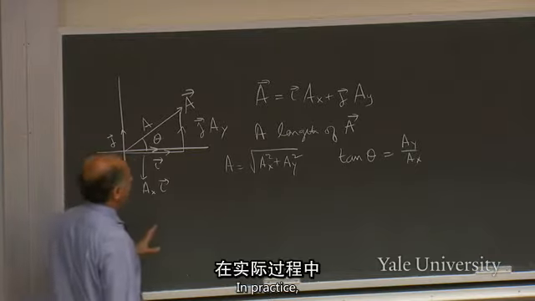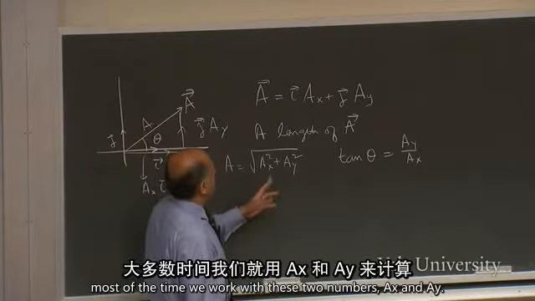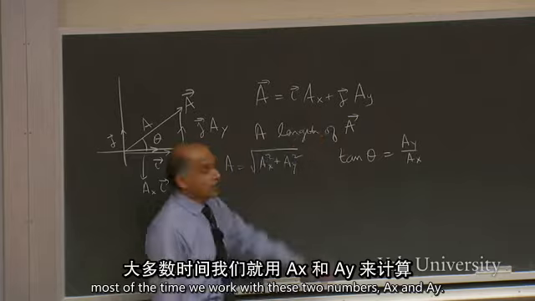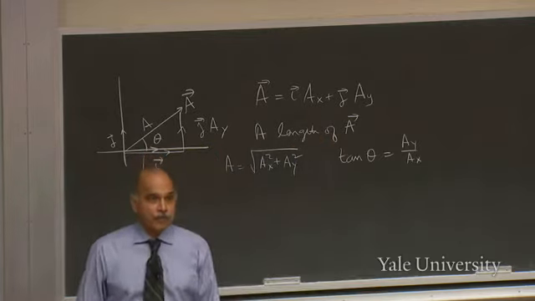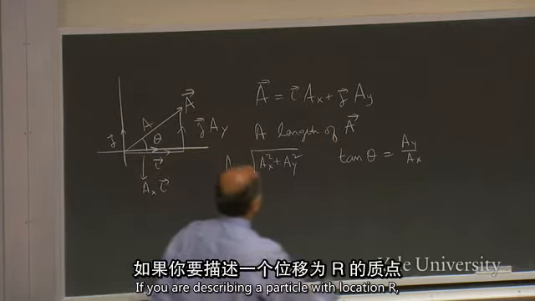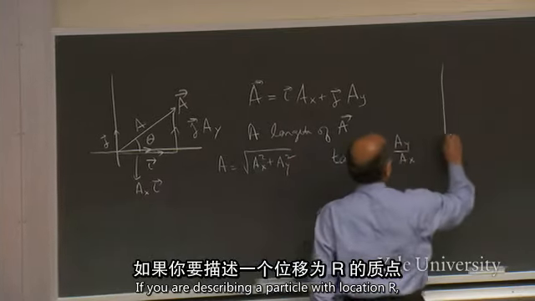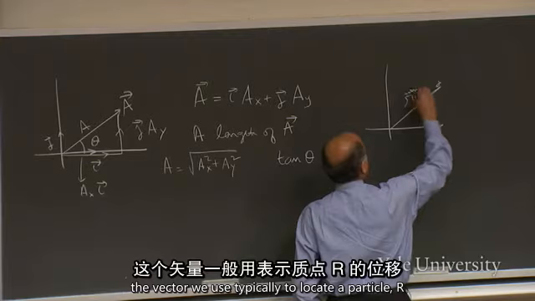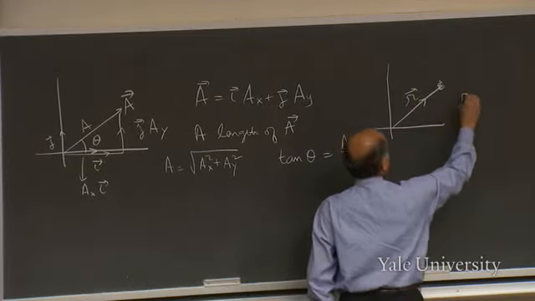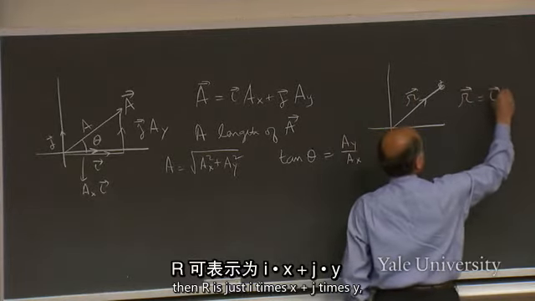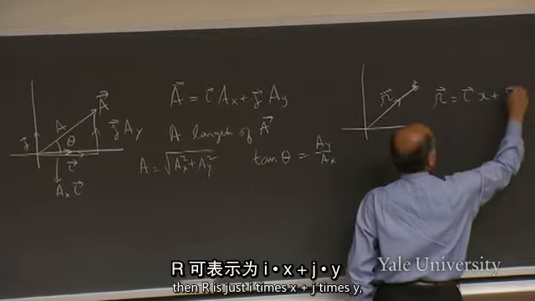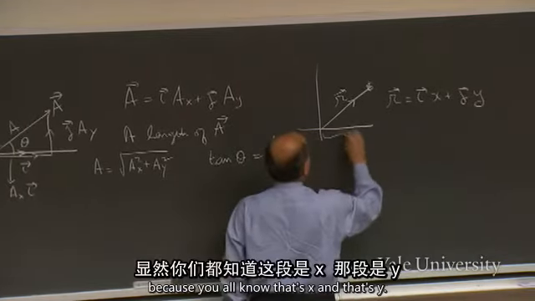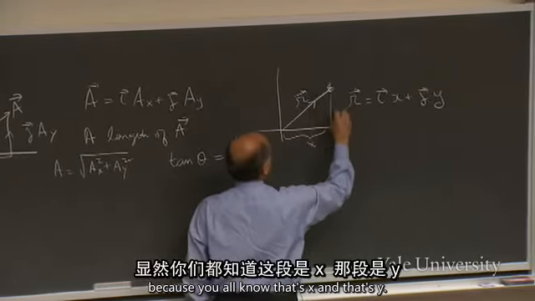Now, in practice, most of the time we work with these two numbers, AX and AY. If you're describing a particle with location r, the vector we use typically to locate a particle, then r is just i times x plus j times y, because you all know that's x and that's y.